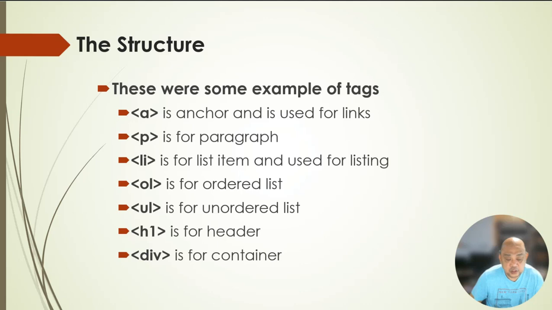OL is for listing items wherein it is ordered, while UL is used for unordered lists. H1 is for header and the size varies from H1 to H6. H1 is the largest, and as the count goes higher the size becomes smaller.